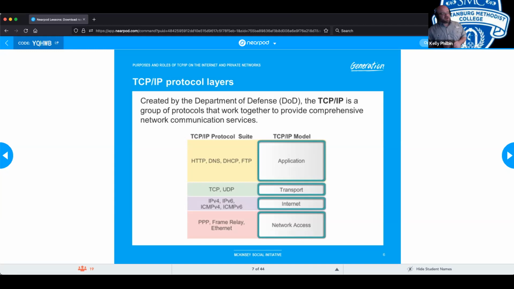After that, you have your transport layer, where you're talking about TCP versus UDP, which we will get into in a little bit, talking about the type of connection you're going to have. And then in the upper layers, that's the part where we interact with it for the most part. This is your HTTP, your DNS, your DHCP, and your FTP protocols, which we will get into in more depth as we go through this.